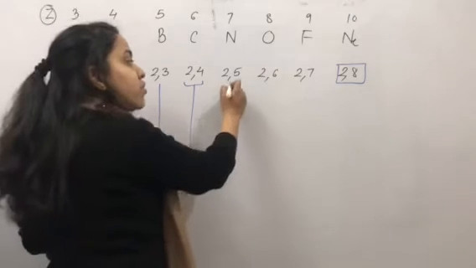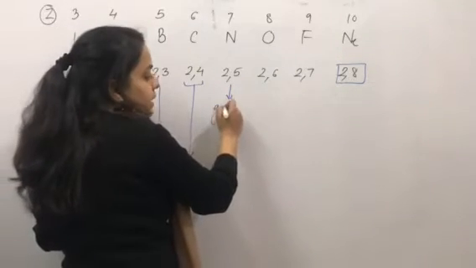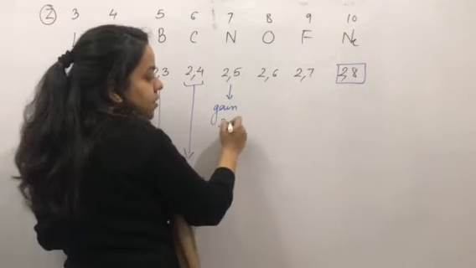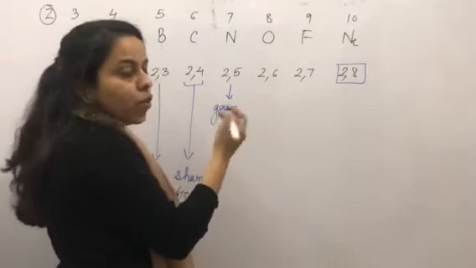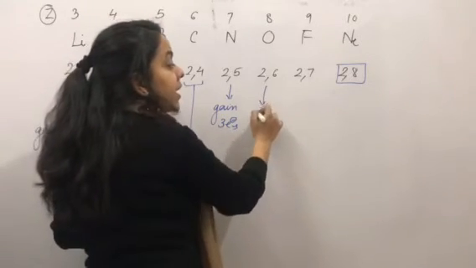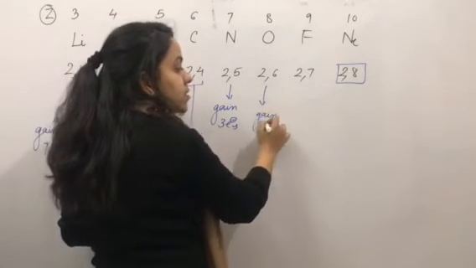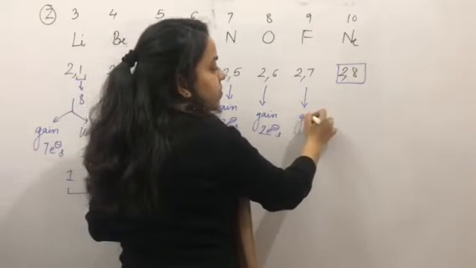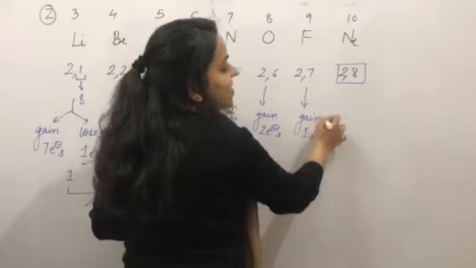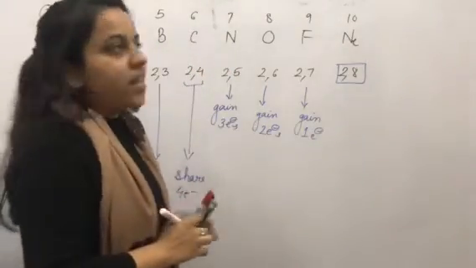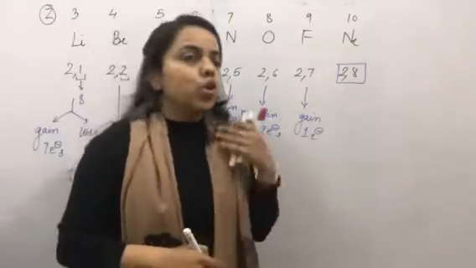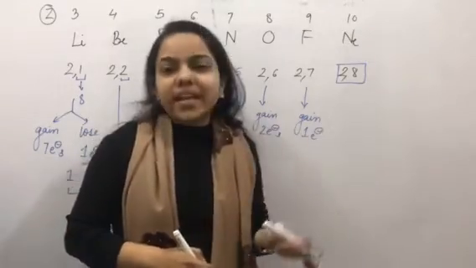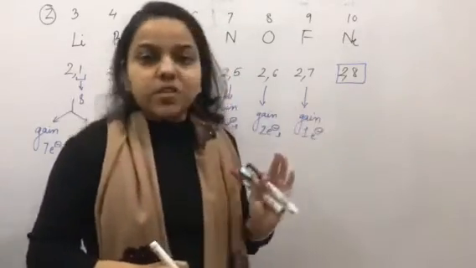Therefore, nitrogen will gain 3 electrons. To achieve the 2,8 configuration, oxygen will gain 2 electrons. Fluorine will gain 1 electron. And since this atom is so stable, it does not need to lose, share or gain electrons. It is already happy in its place.